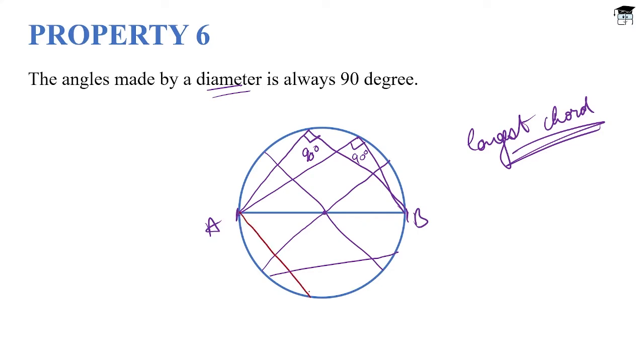If I make an angle here, this would also be 90. Now we just said that this is also a diameter, passing through the center, and the angle made by this diameter would also be 90 degrees. So the sixth property is a very simple one, that the angle made by the diameter is always 90 degrees.